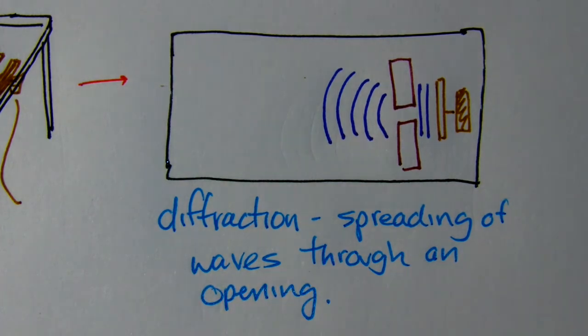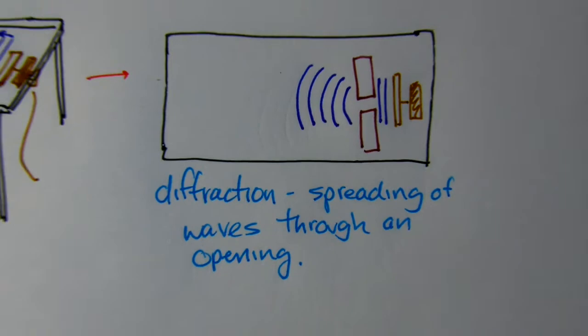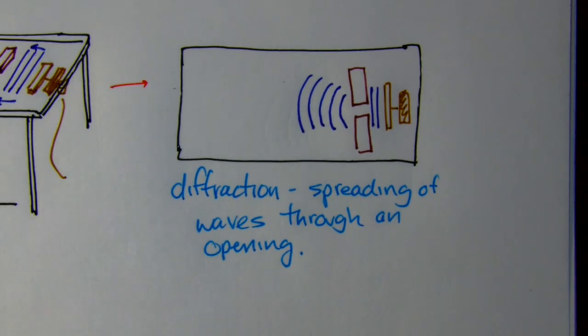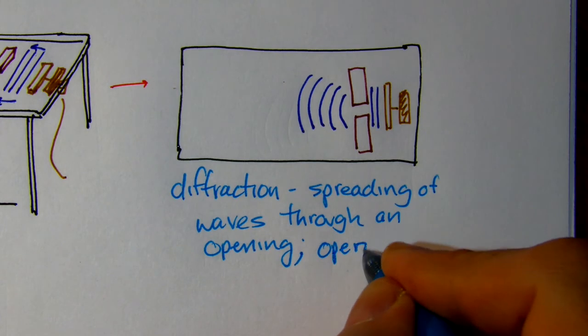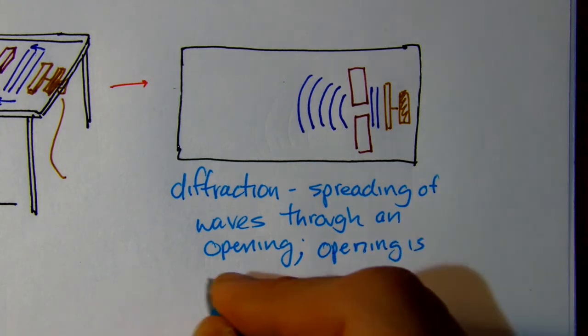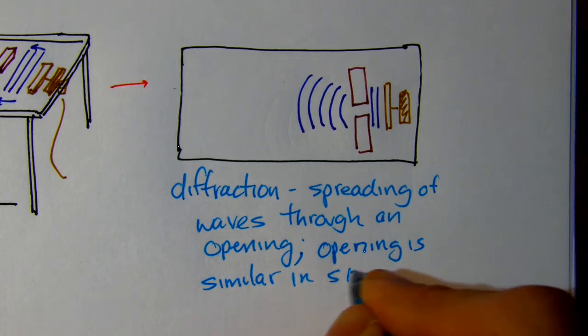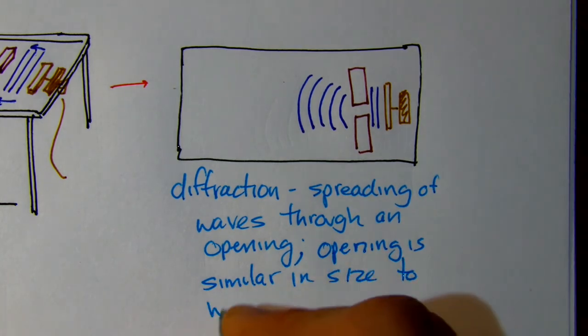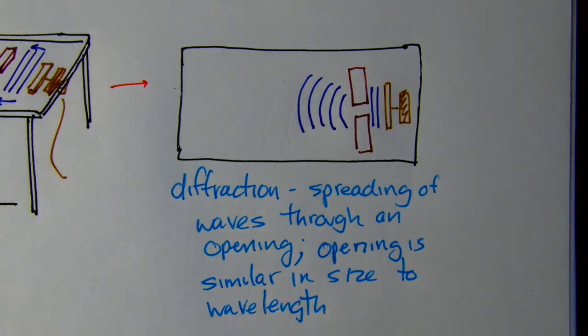Now, what's interesting about that is that the opening has to be similar in size to the wavelength. And this is true for sound and light.